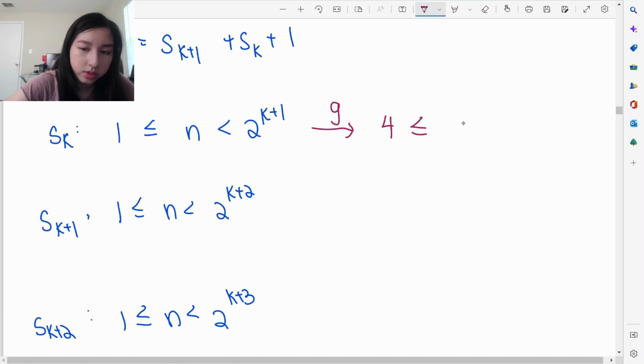It's less than or equal to n, which is less than 2k plus 3 plus 1. Again, same thing, it doesn't include this, so if I change this to include, we have to put minus 1 instead.